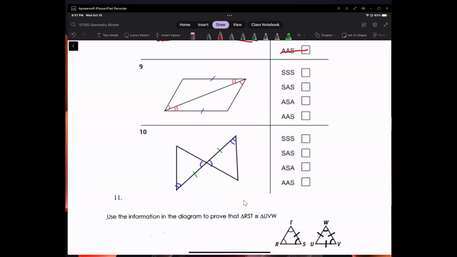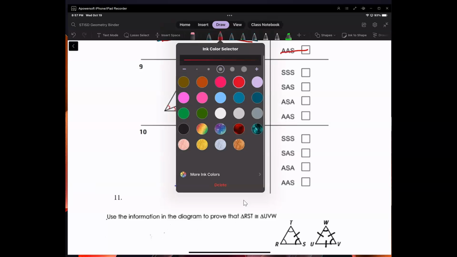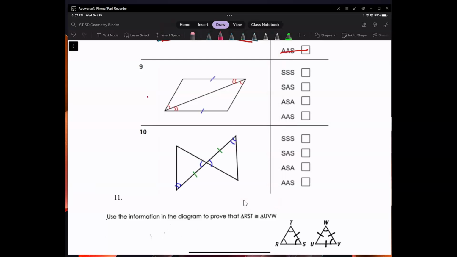So number 9, we have two triangles, and we notice also that they do share a common side. And like I told you in the last example, if they share a common side, then I can put two markings there. We have this side is congruent to this side. How do I know? Because of the markings. So we don't have that third side congruent.